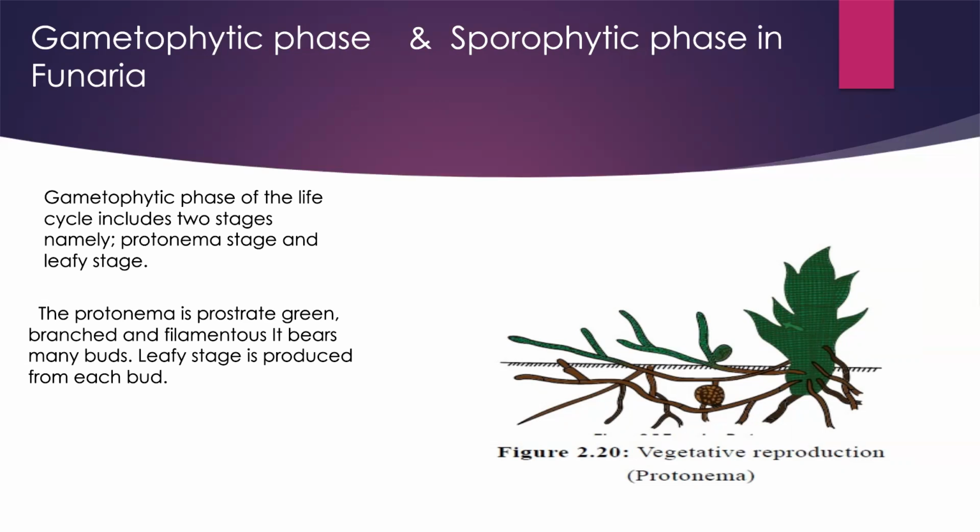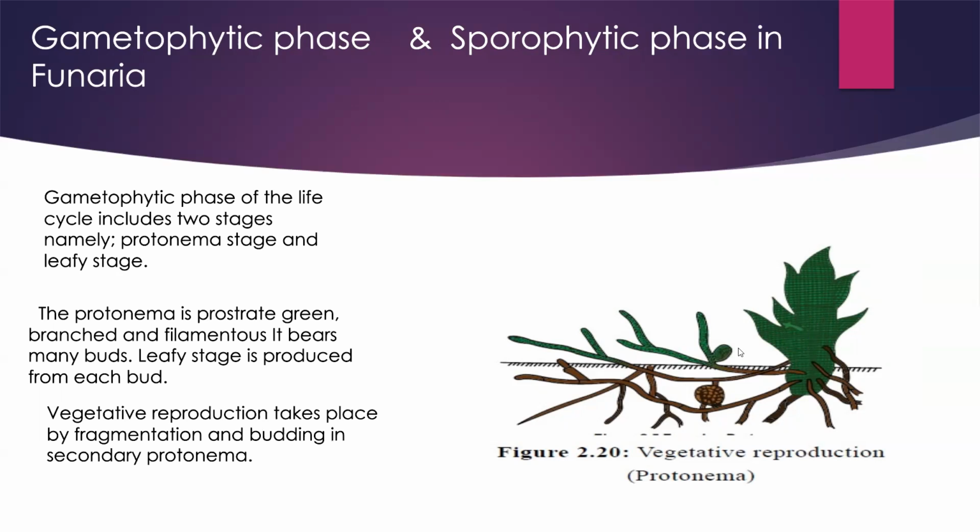Further, this filamentous structure or protonema bears a number of buds, and that bud further grows into the next stage, which is called the leafy stage, which is developed by the bud which develops on the protonema, which is the first stage of the gametophyte in Funaria.